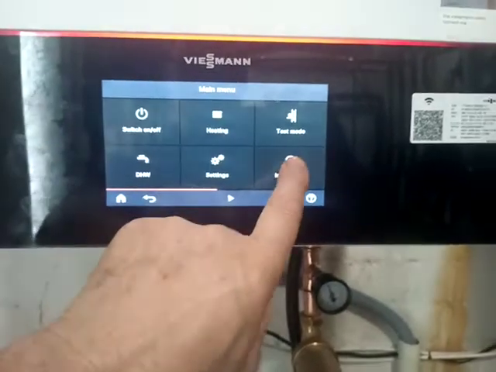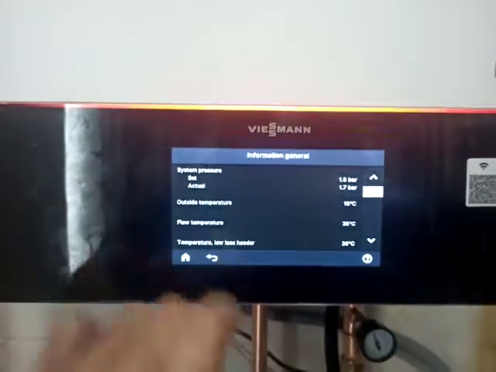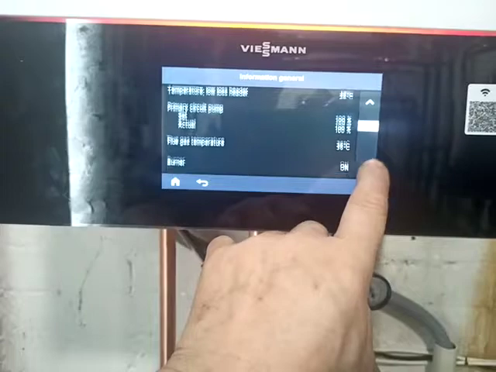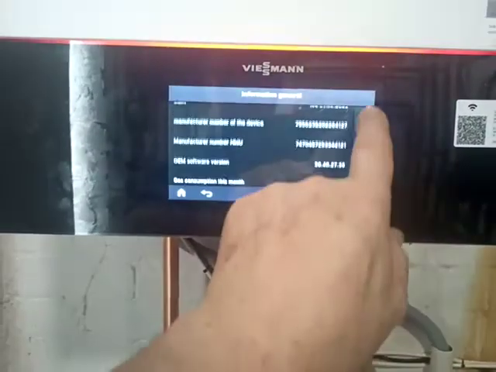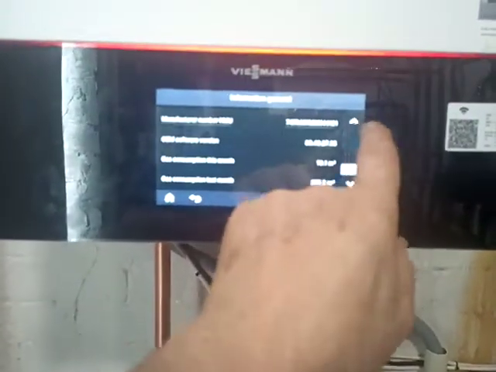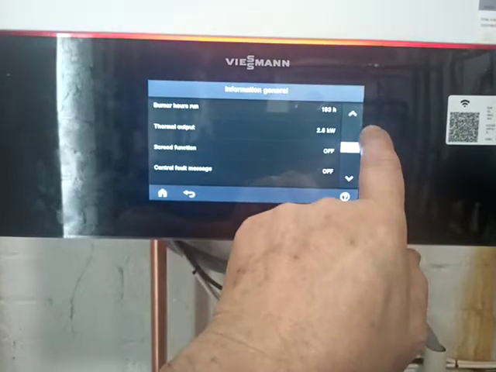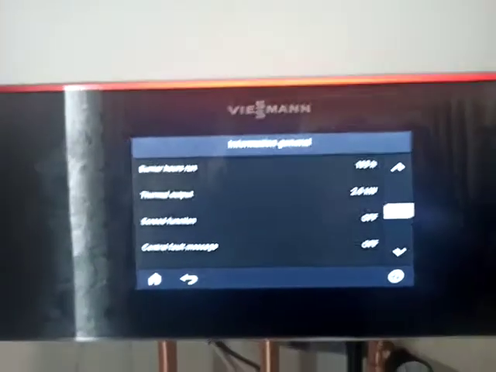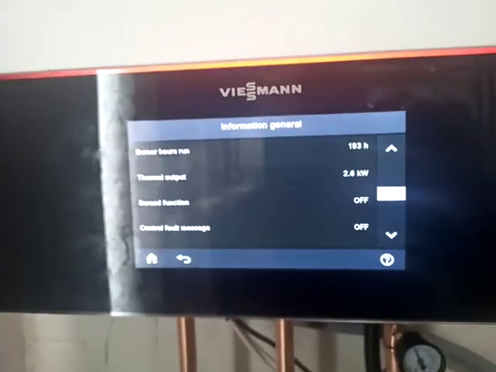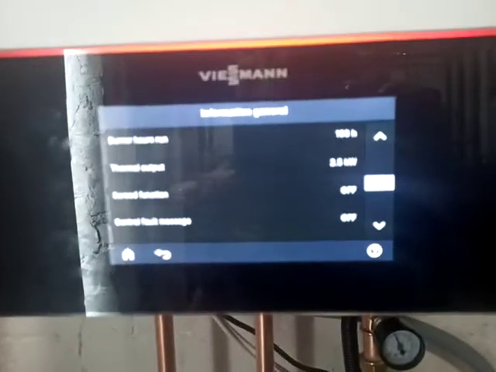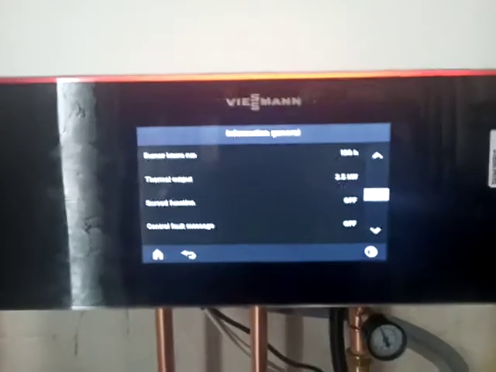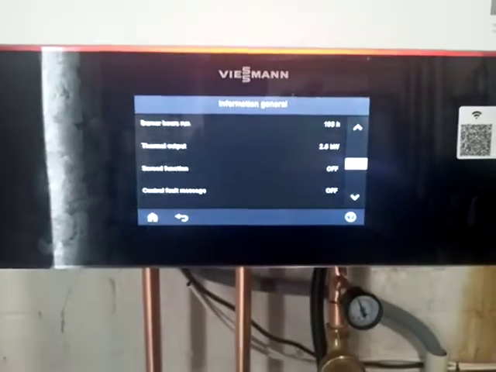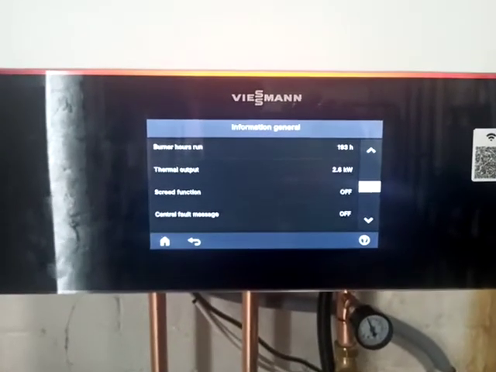If we go into information here and to general, we can have a look at some of the settings. So at the moment, let's have a little look, output of the boiler at the moment. So thermal output at the moment, remember it's 15 degrees outside, and to heat this, it's about 800-900 square meters, so it's a big house. We're requiring 2.6 kilowatts.